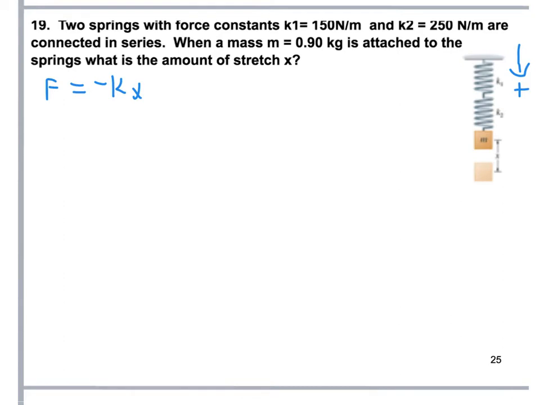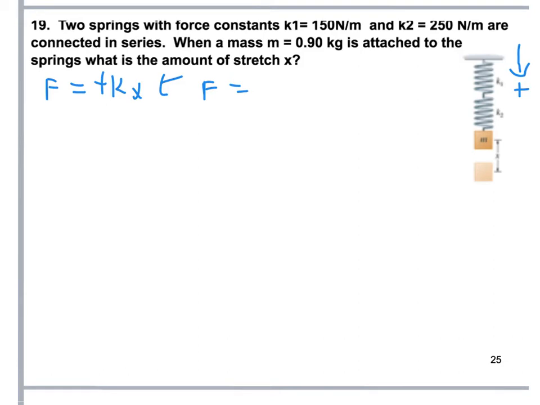We still have two springs, and what we want to do now is take this equation and write it in terms of the two springs, because each one has its own k value. Because we defined down as positive, this negative sign starts out as positive now.